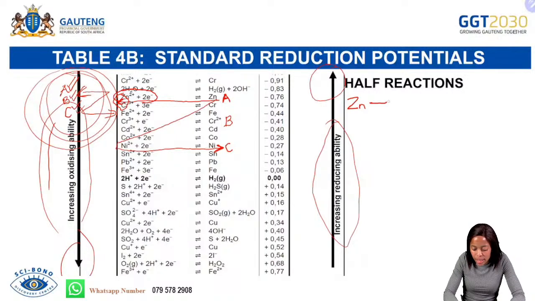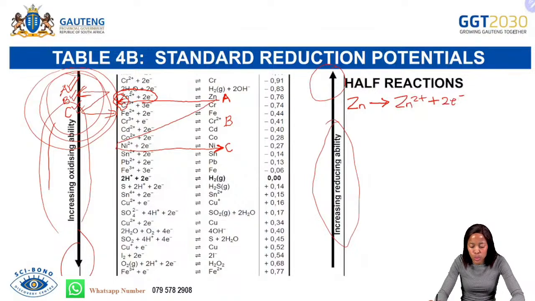We have Zn2+ plus 2 electrons. You write it exactly as it is. It means you are not going to leave out the charge, and you are not going to leave out the minus there for the 2 electrons.